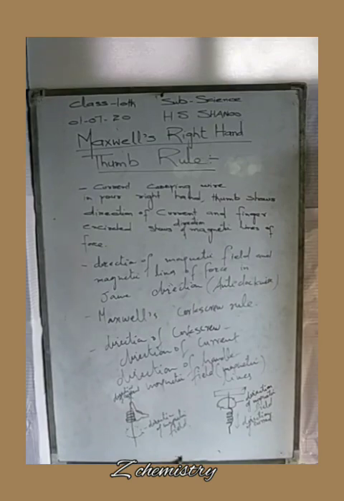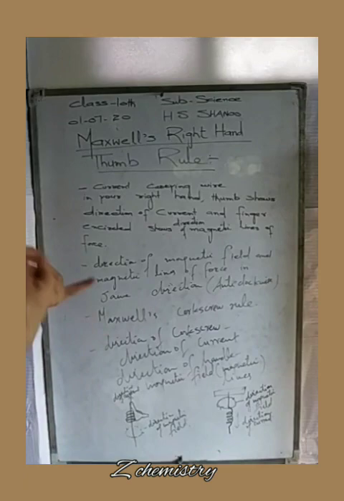But in this case, the corkscrew rule is opposite to the right hand thumb rule. It means that when current flows vertically upwards, the direction of the magnetic field is anti-clockwise. On the other hand, when the current flows vertically downwards, the direction of the magnetic field is clockwise. Both these cases show us the direction of the current and the direction of the magnetic lines of force.